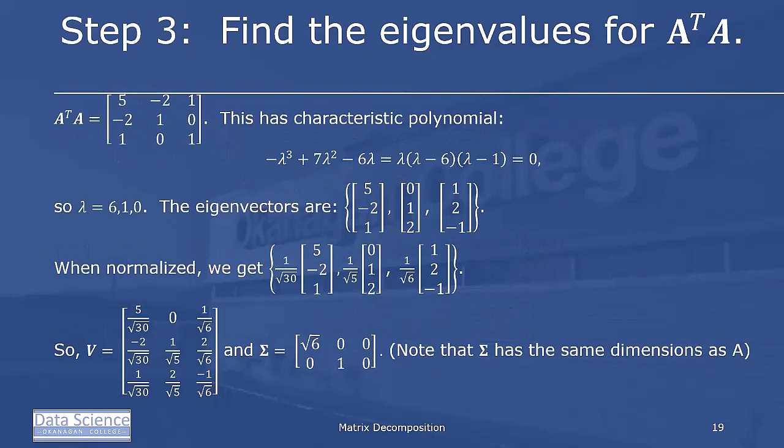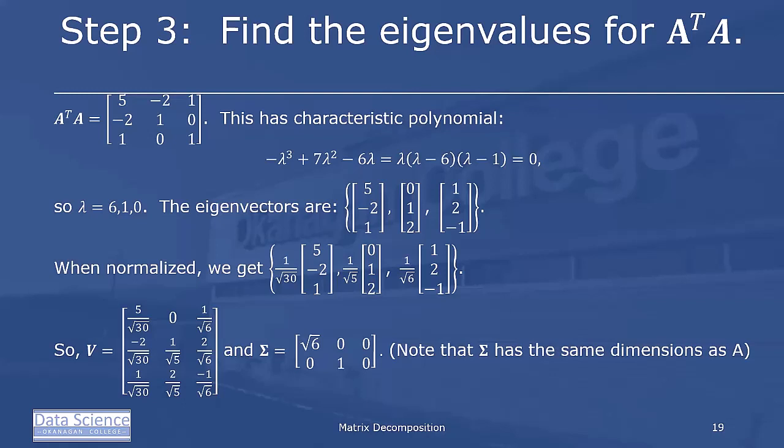So we've got our V, 5 over root 30, negative 2 over root 30, 1 over root 30, 0, 1 over root 5, 2 over root 5, 1 over root 6, 2 over root 6, negative 1 over root 6. Our sigma has the square root of our eigenvalues down the main diagonal.